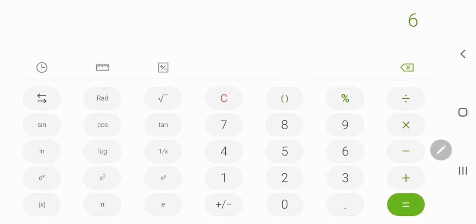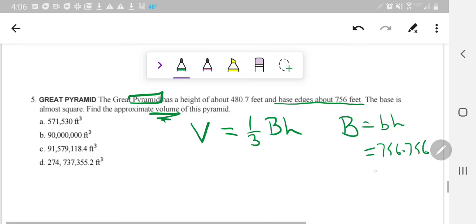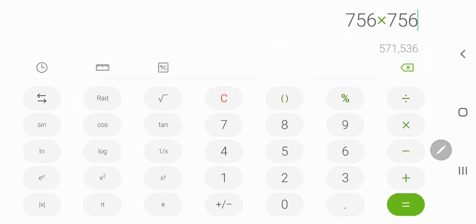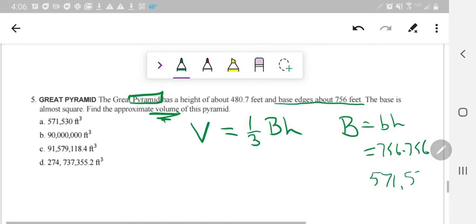Well, let's figure that out. 756 times 756. Whoa, that's 571,536.